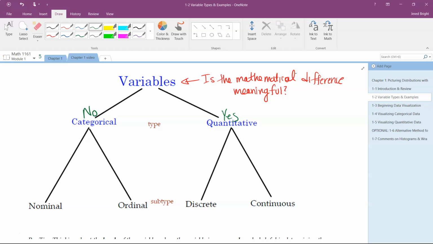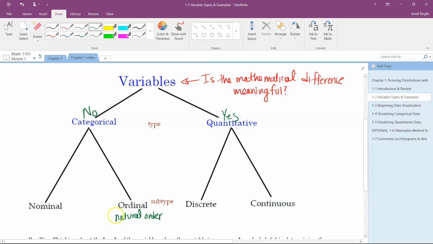In terms of subtypes of a categorical variable, I typically define one as not the other. An ordinal categorical variable is something where there is a defined or natural order. Something like the alphabet: A, B, C, D. That's an example of an ordinal categorical variable.